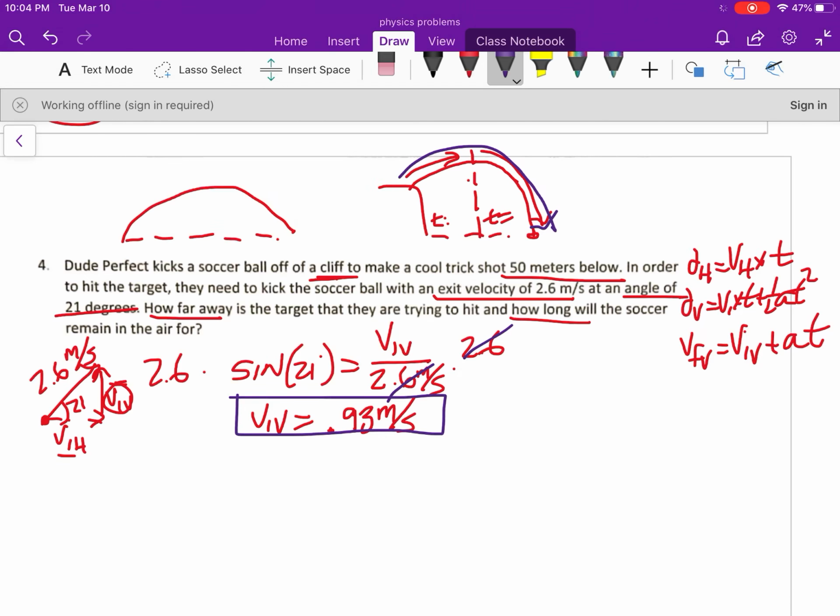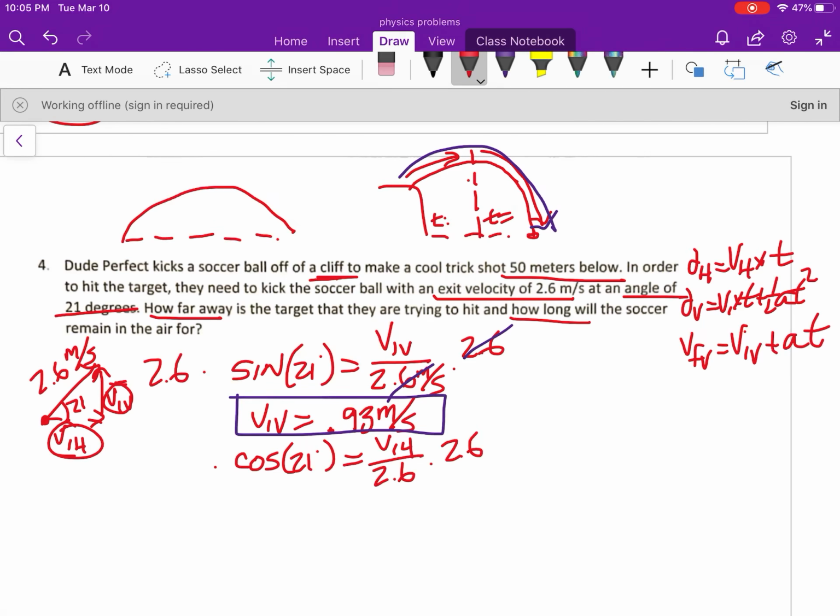That's my vertical. While we're here, let's solve for my horizontal. To do that, I'll use cosine of my angle, which is 21 degrees, equals my initial horizontal velocity, or my adjacent side, divided by my hypotenuse side, which is 2.6.